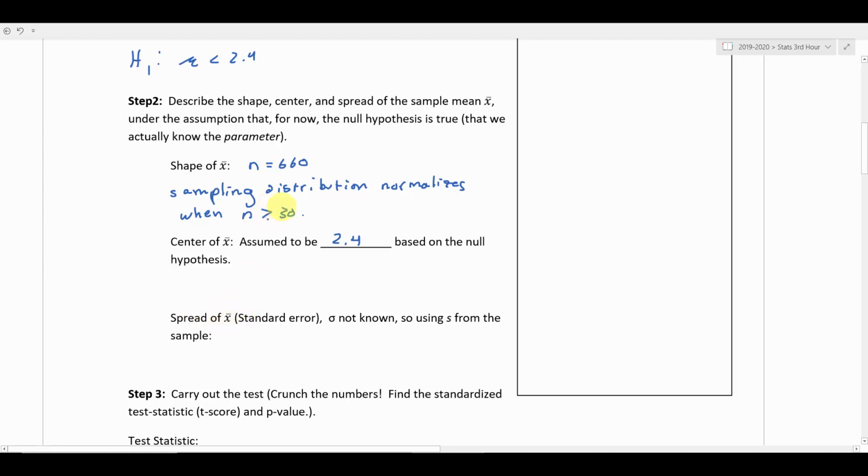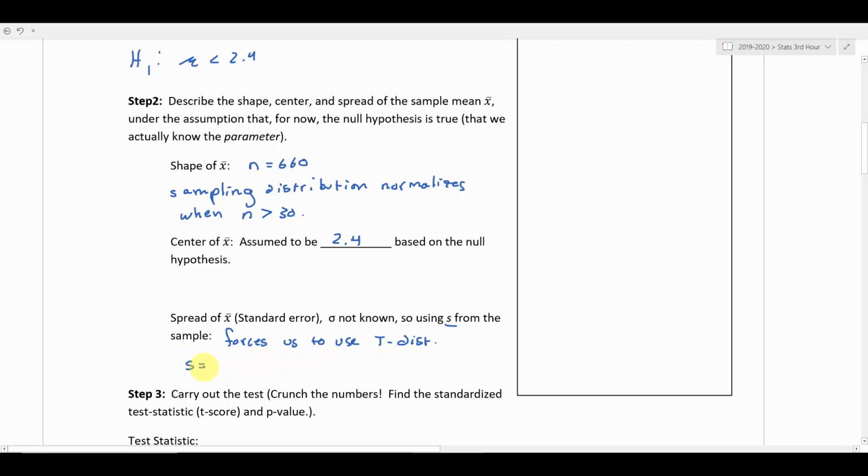The spread of the sampling distribution that we're using, we don't know what the population standard deviation is, and this is what forces us to use the t distribution, because since we don't know what the population standard deviation is, we're going to be using the sample standard deviation as a replacement, right?